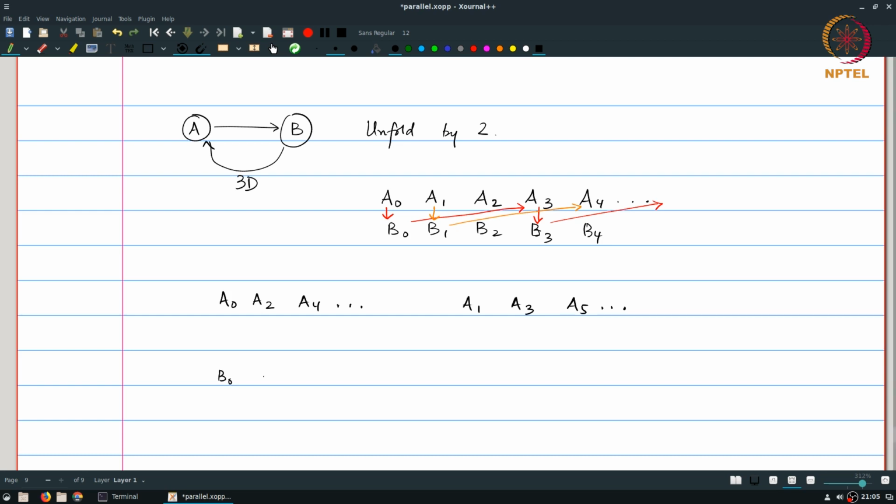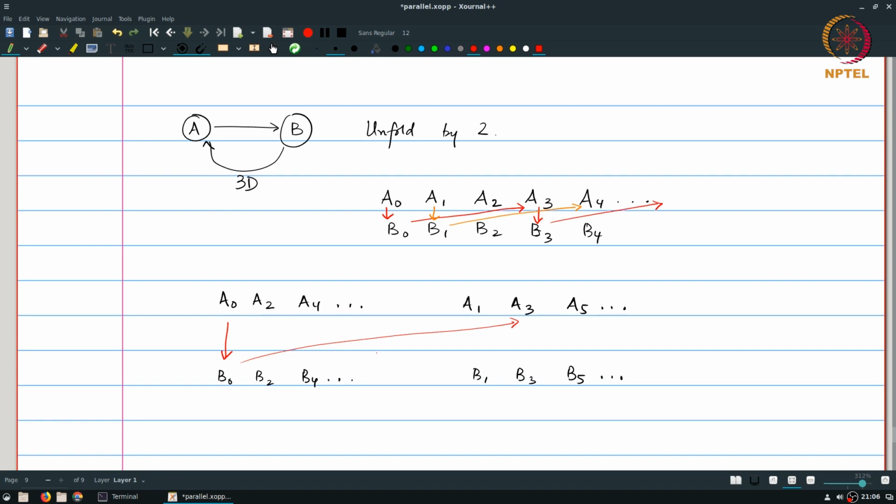Similarly, B0, B2, B4 and B1, B3, B5. Now what do the dependencies look like? I have a dependency from A0 to B0, but from B0 to the next one, A3. That is to say, the one delayed version on the second copy of A.